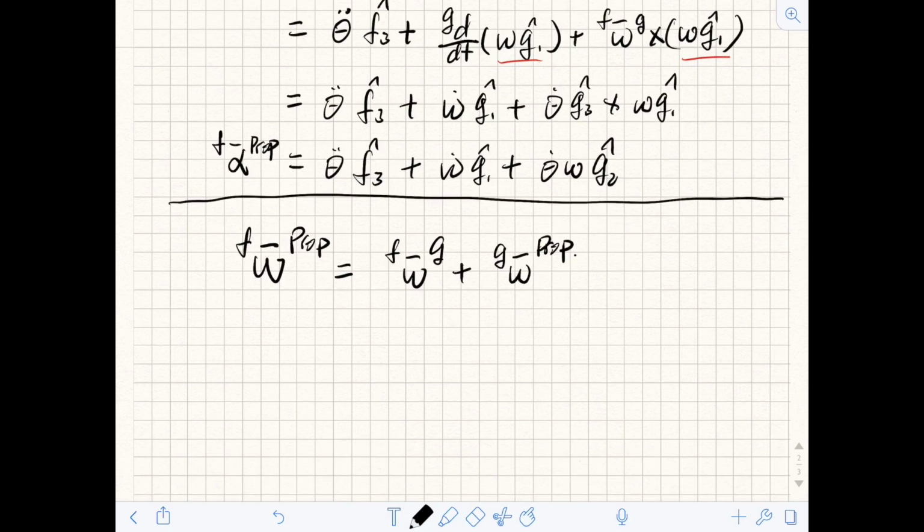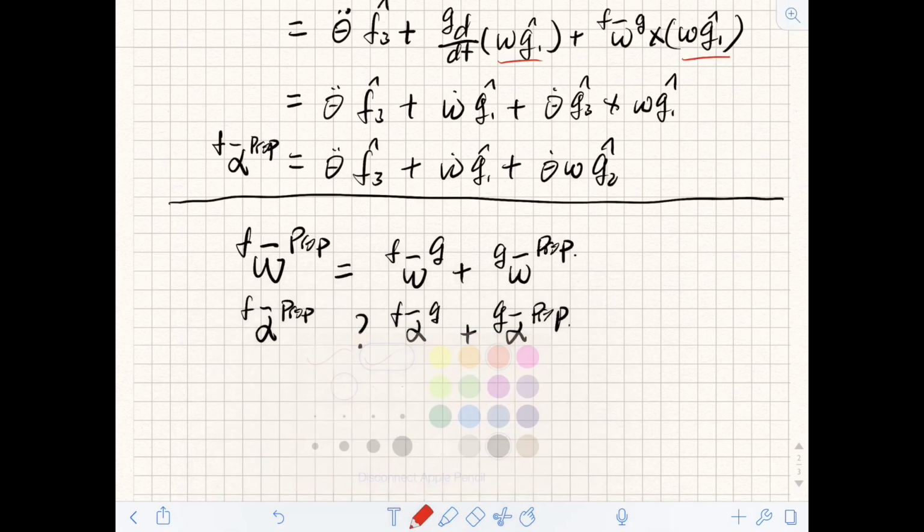Now you might wonder, does that hold the same for angular acceleration? And the answer is no. These two are not the same.